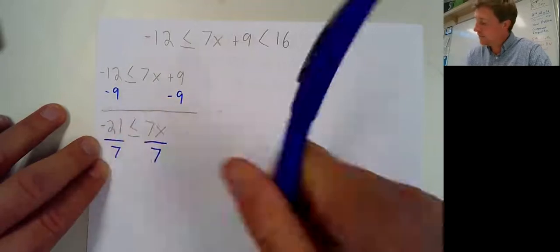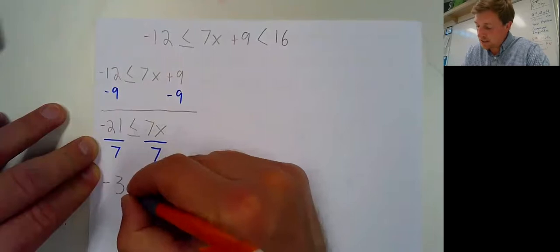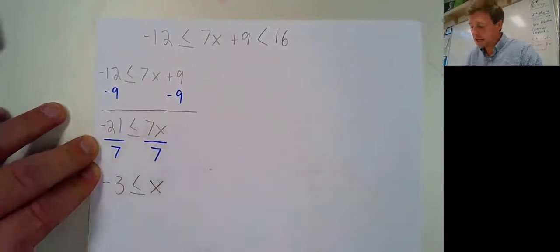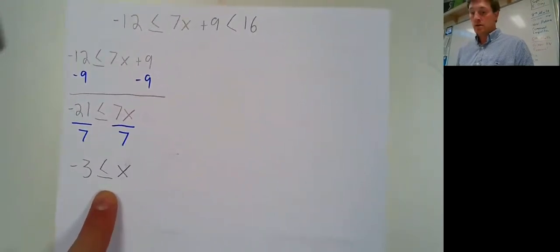I'm going to divide, and I'm left with -3 is less than or equal to x. Okay, so that's half of the problem here.